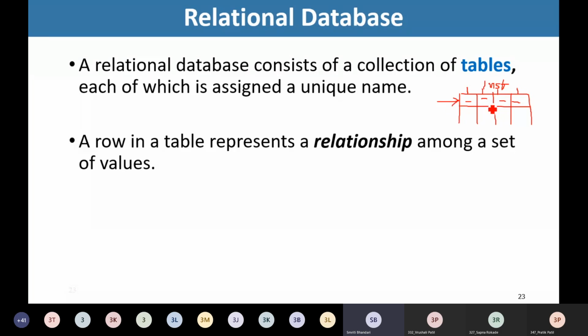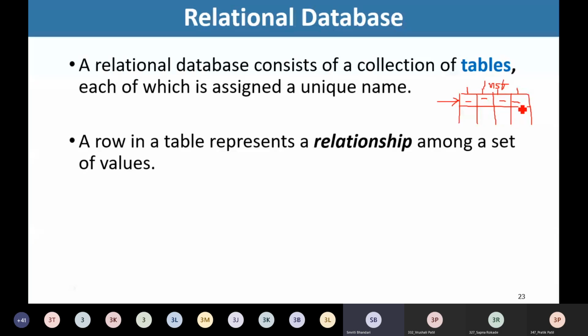If I collect all these values in a row, they have some relationship between them, because all these values are meant for one instructor. So obviously all these values are related values.